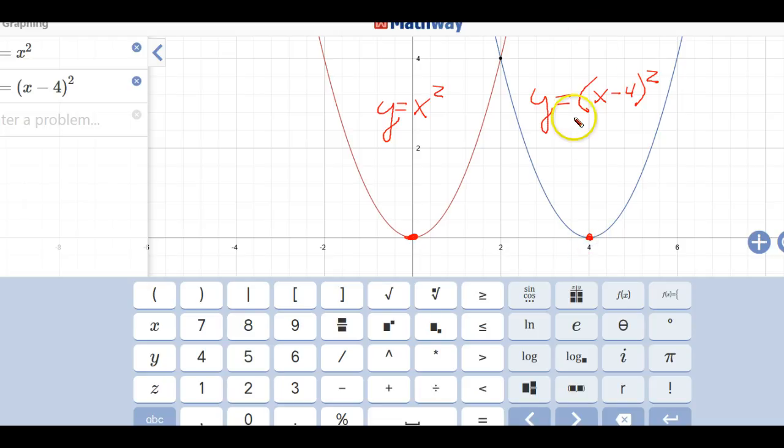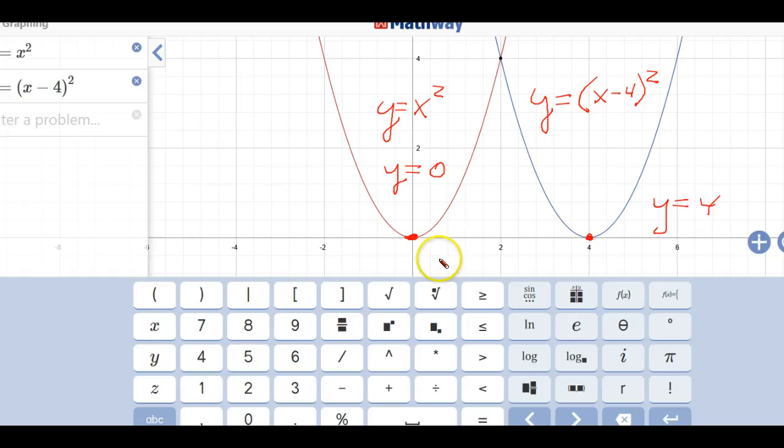So our axis of symmetry is here, and our axis of symmetry here, if you recall, is a vertical line going through the y-axis here.